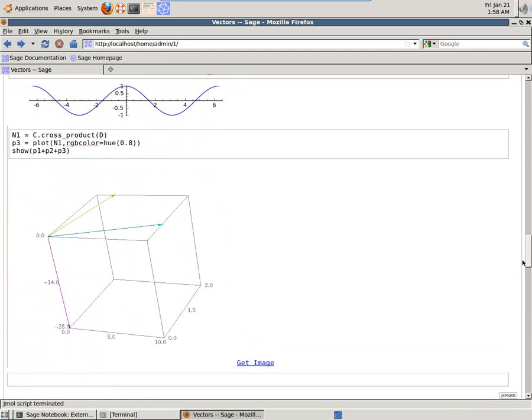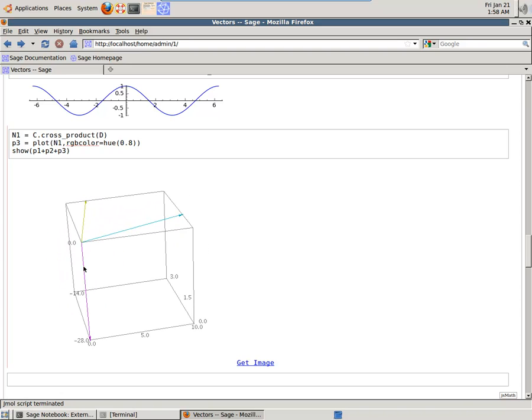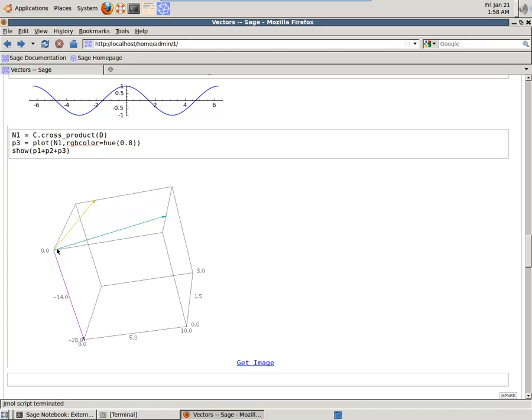If I cross these two vectors here, I get this normal. And check it out, it is 0, 0, negative 28. That's exactly what that vector is. See, this purplish one here? It's 0 on X, it's 0 on Y, and it's negative 28 on Z.